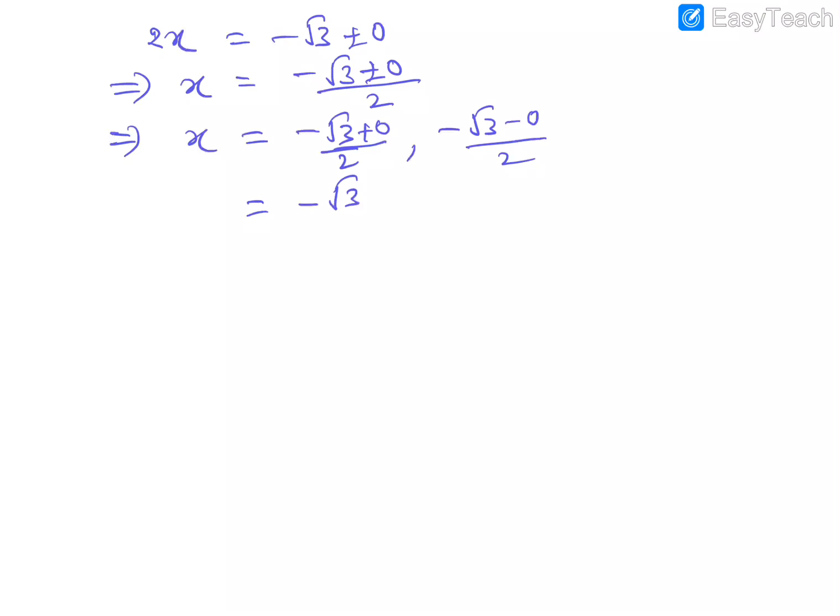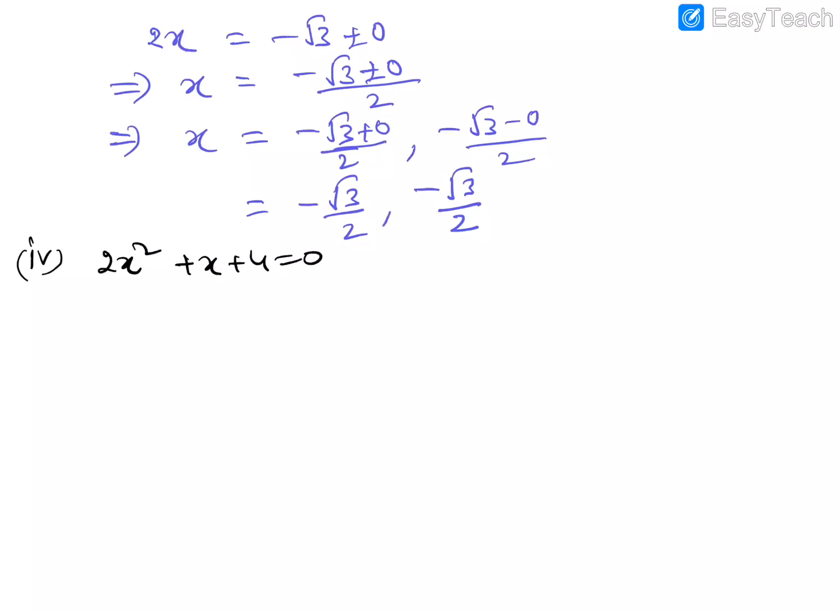So this is minus root 3 by 2 and minus root 3 by 2. These are two equal real roots, as we have already checked by finding out the discriminant value. So these are the required roots of this quadratic equation.